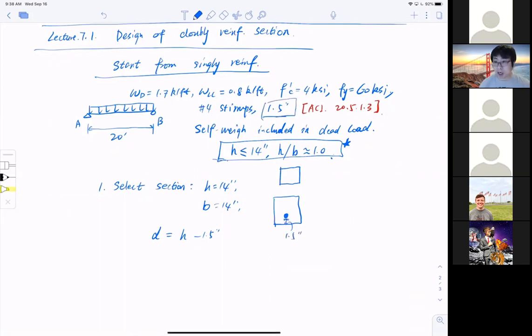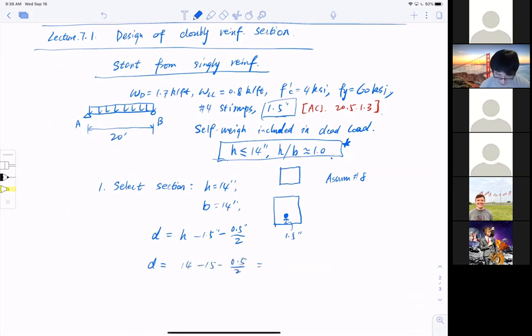I need to account for the bar, but I don't know the bar yet, so I'm just going to assume a number 8 bar. So this is db divided by 2, so roughly d equals 14 minus 1.5 minus 0.5 inch divided by 2.